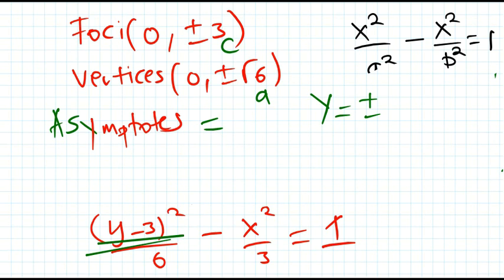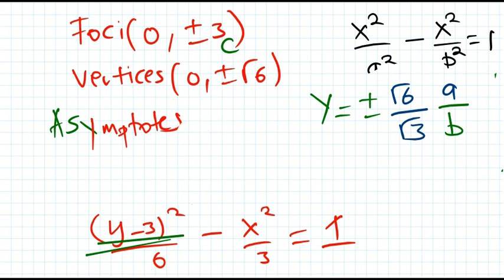So in this case we're going to have root of 6 over root of 3. So we find that b is taking part. Okay, and then for our a squared, which is root of 6, in terms of our a, so a over b gives us the equation for the asymptotes. So plus or minus root of 6 over 3.